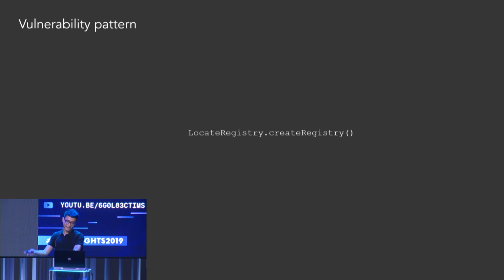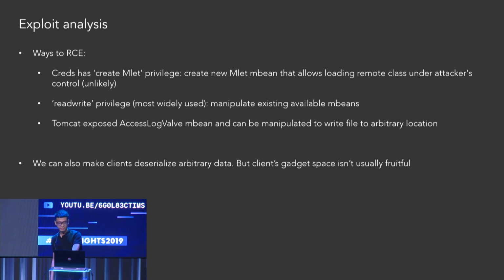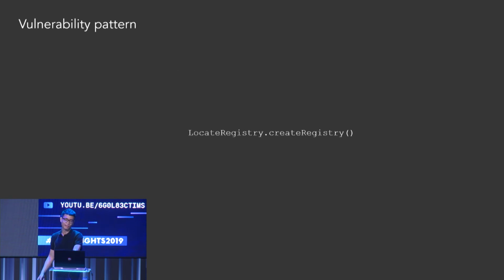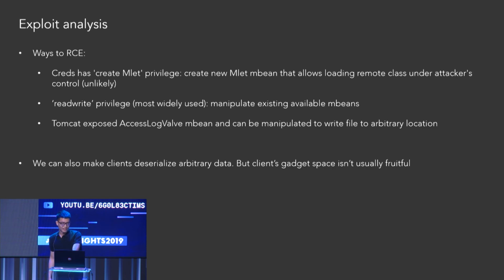Or you can GitHub Dork or something like that, because this is 90% of how registries are created. Cool. So let's get to RCE. Actually, I don't have much time left, so let's skip the unnecessary things.